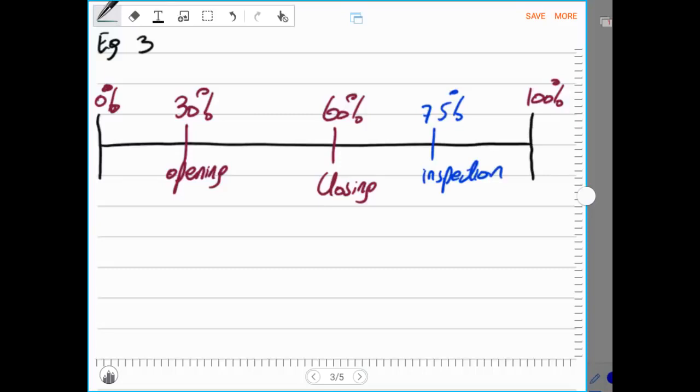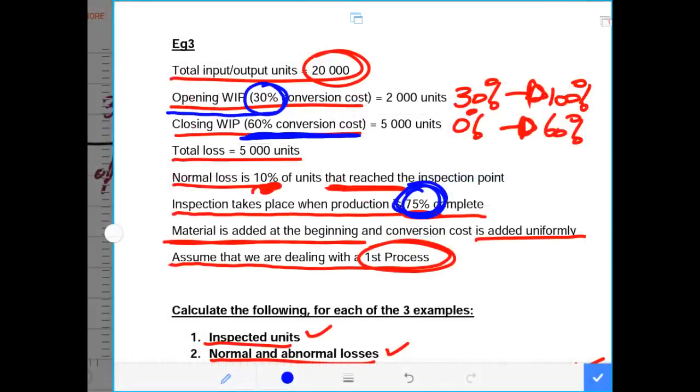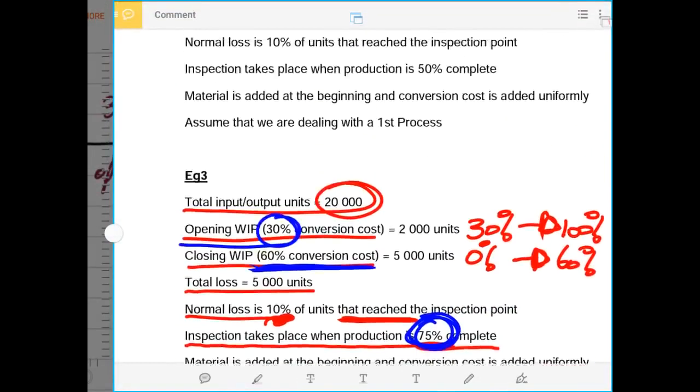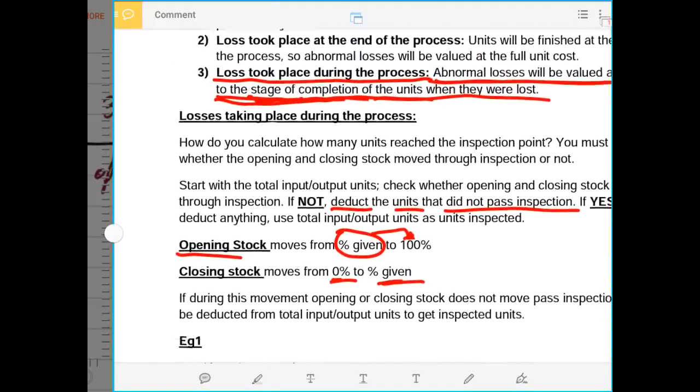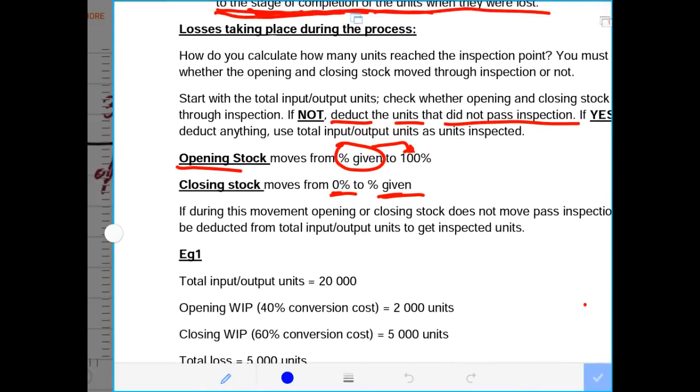Remember the principle, the basics: our opening starts from a given percent up to 100%, and our percentage given is 30%, meaning from 30% up to 100%.